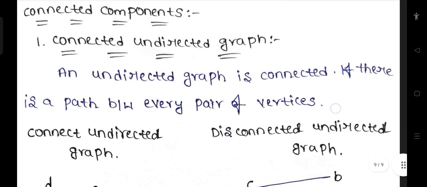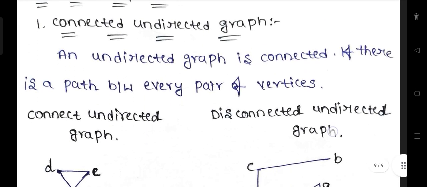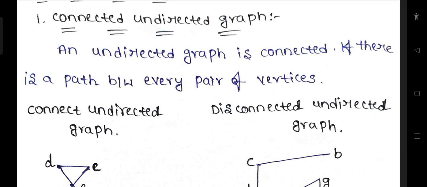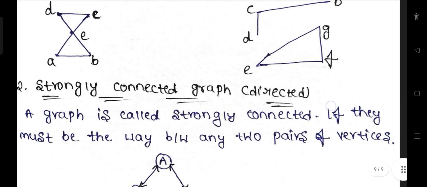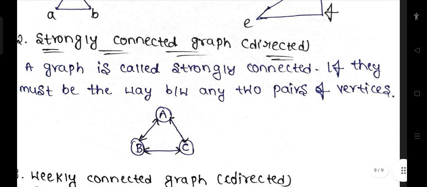And connected components. Connected undirected graph, disconnected undirected graph. An undirected graph is connected if there is a path between every pair of vertices. So here is the graphical representation. Another one is strongly connected graph, that means a directed connected graph.